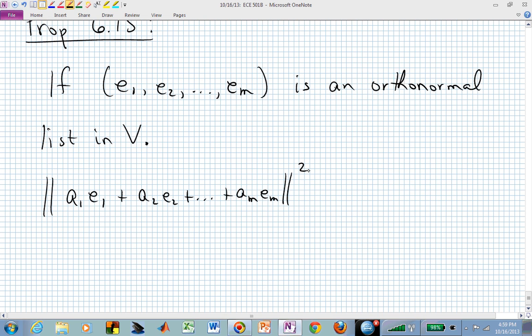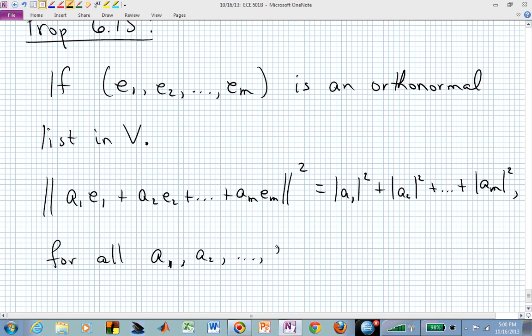If we now squared the norm, we're going to claim that that's equal to the magnitude of A1 squared plus the magnitude of A sub 2 squared, and we just keep going up to the magnitude of A sub m squared, for all A1, A2, A sub m in our field of numbers.